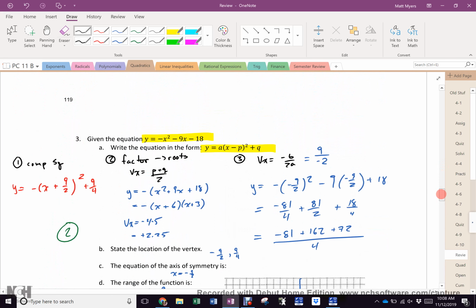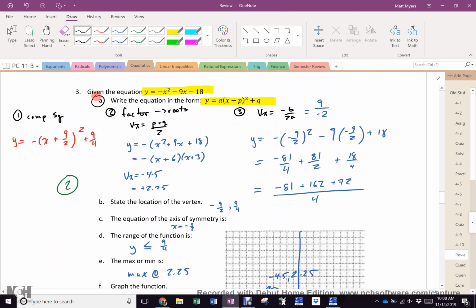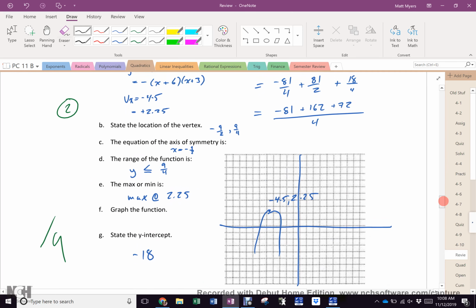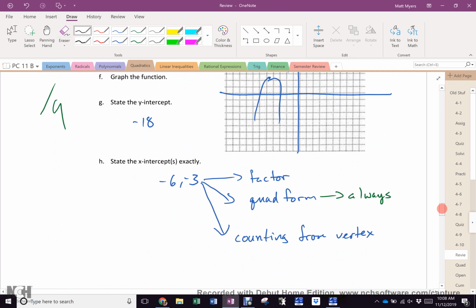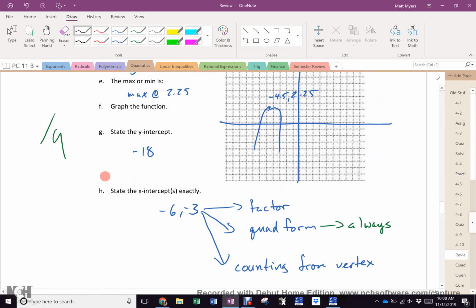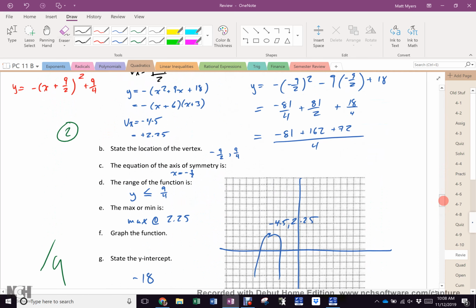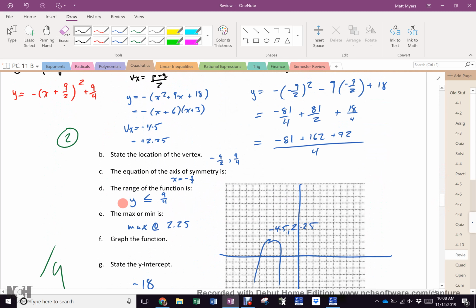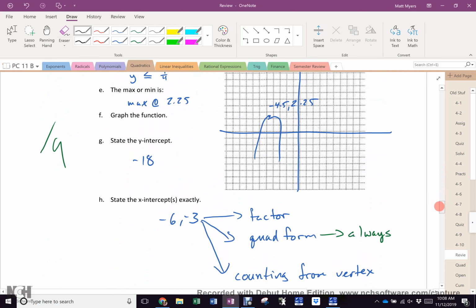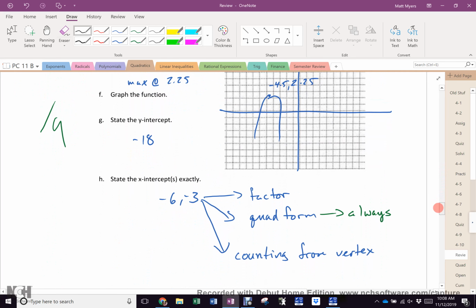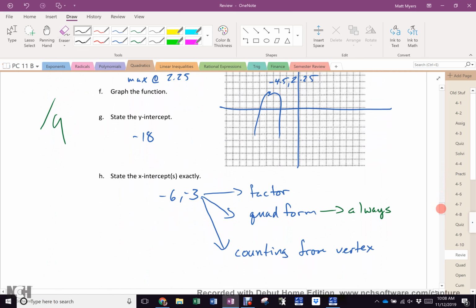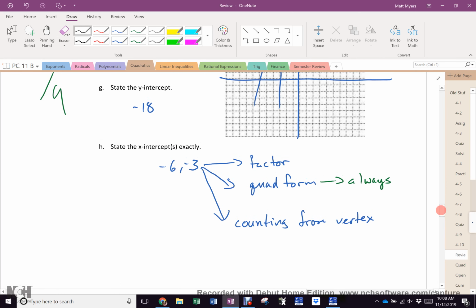I gave you 2 marks for doing A. One, two, three. 1, 2, 3, 4, 5, 6, 7, 8, 9. Yes. And there's the rest of it. And it has all been recorded. Are we all good? Yeah?